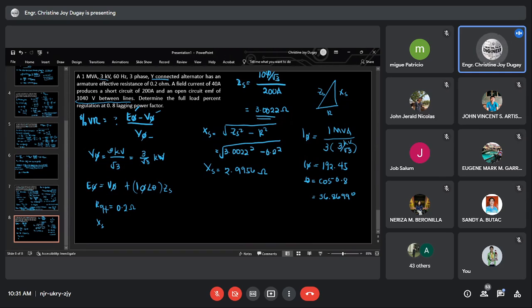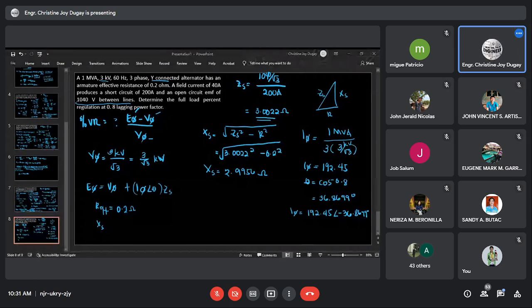Since it is lagging, so ang I phase ngayon natin is 192.45 angle of negative 36.8699 degrees. So that is now the value of the current. Nakakasunod po ba? Yes, ma'am.